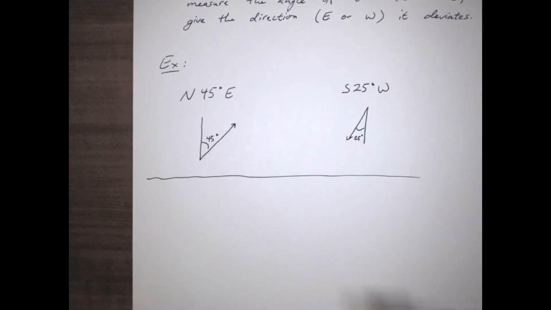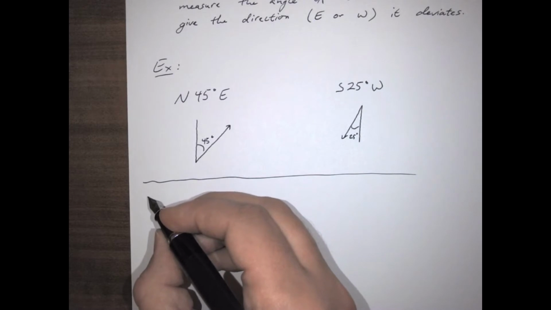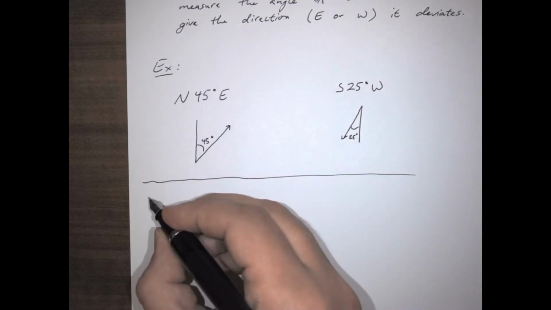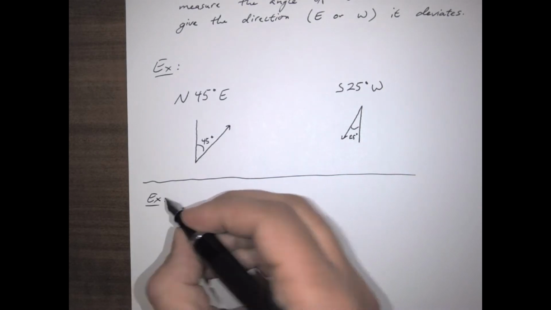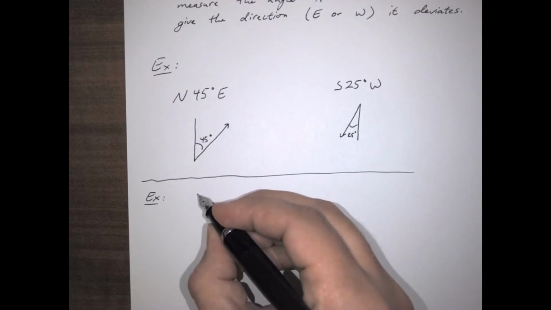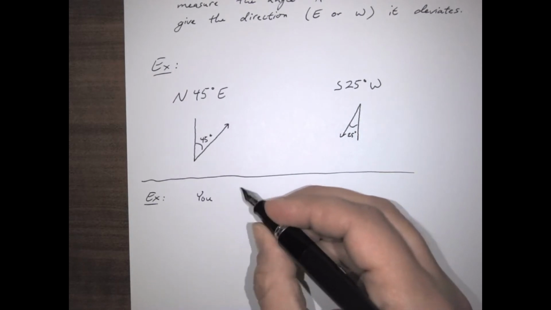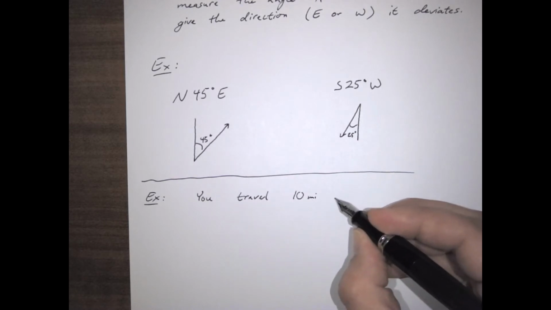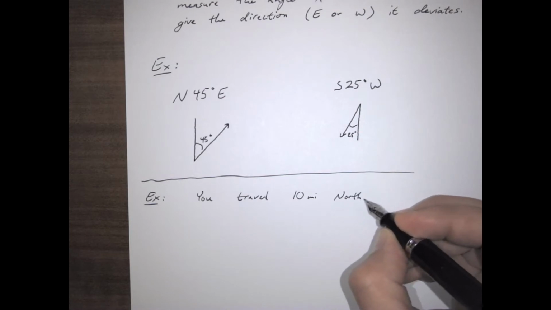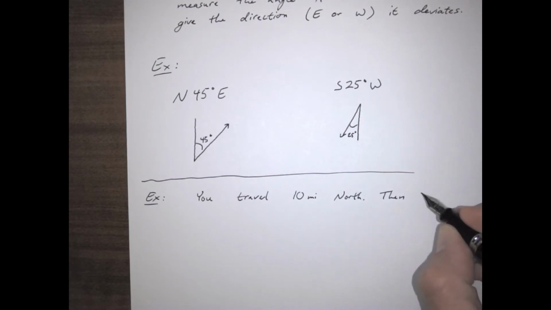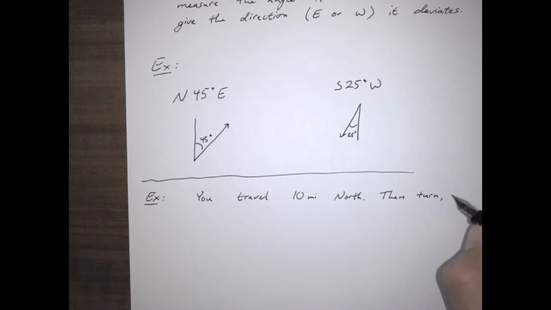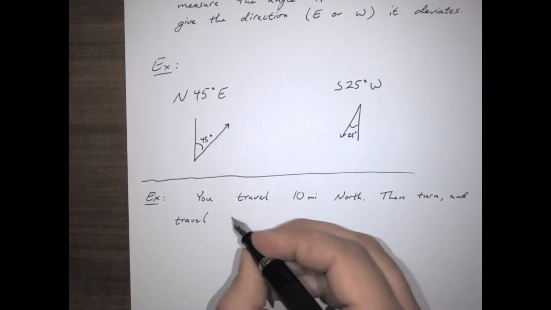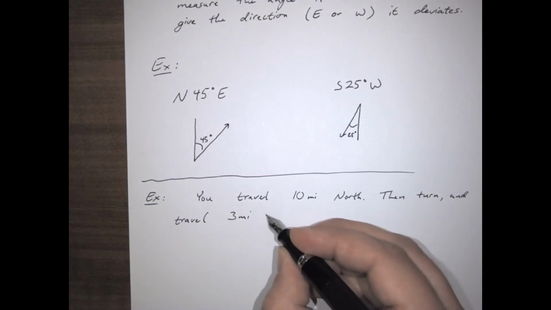So if we wanted to see what this could be like, you won't see any of these in your MyLab homework, but you may see it on a quiz. Who can say? So an example would be something like this. You travel 10 miles north, then turn and travel 3 miles west.